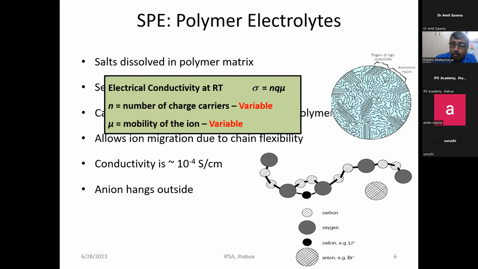So the target should be how we can increase these two, N and mu. At the same time, while we are talking only about increasing, unless we measure them, unless we calculate the value of N or mu, we cannot think of how we can increase them. So we need to think of how we can measure or calculate the value of N and mu.